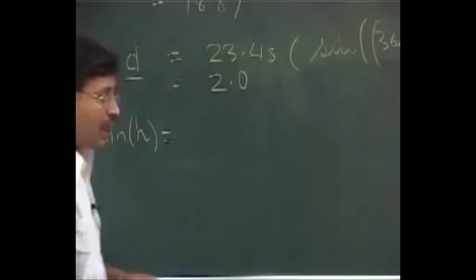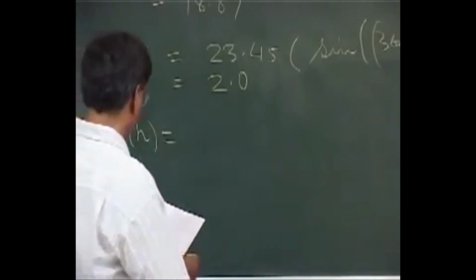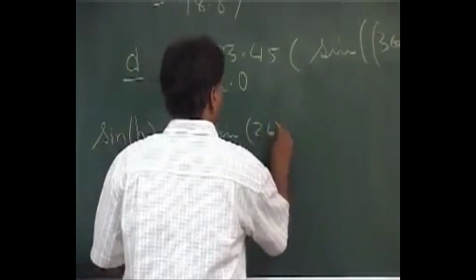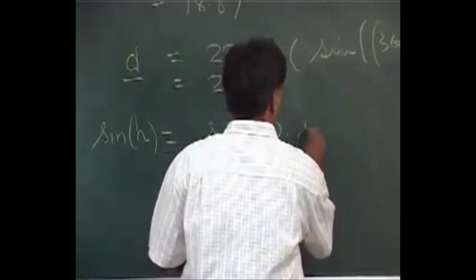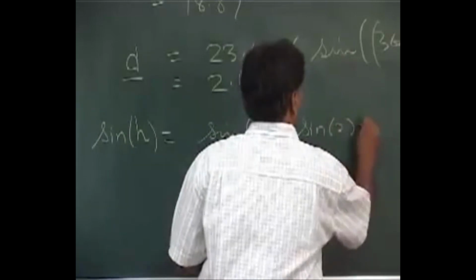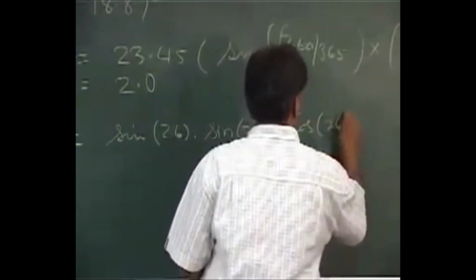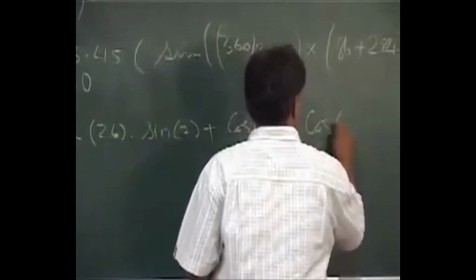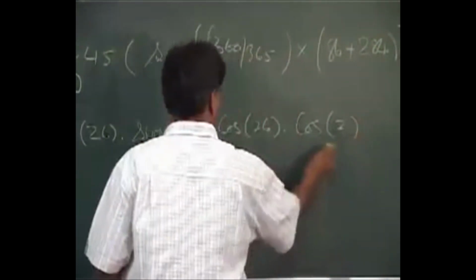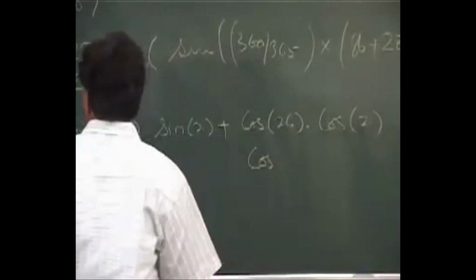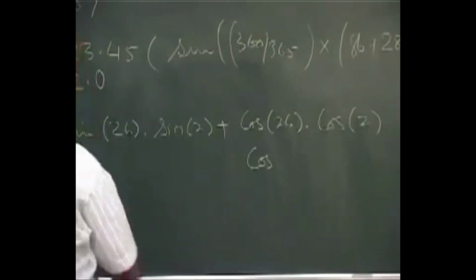Whatever that formula was, I'll put the numbers straight: sine 26 times sine 2 plus cos 26 times cos 2 times cos t.